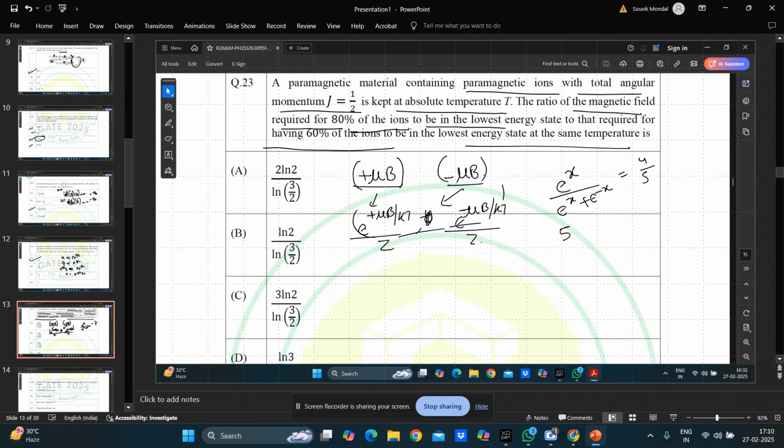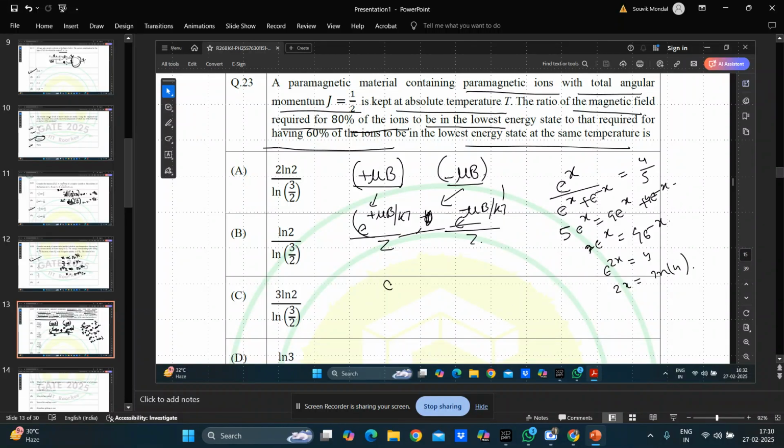So 5 e to the power x is equal to 4 e to the power x plus 4 e to the power minus x. So e to the power x is equal to 4 e to the power minus x. So e to the power 2x is equal to 4, and 2x is equal to log 4. This is for the 80% case.